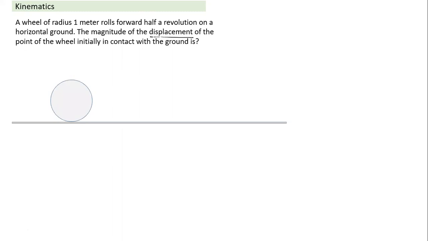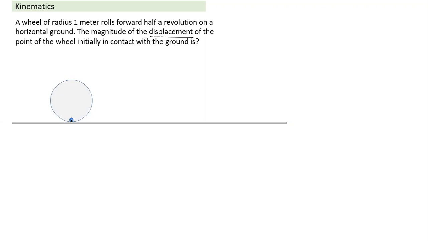If I convert it in terms of a figure, this is a wheel of radius 1 meter. It rolls forward half a revolution. What does half a revolution mean? See, if I mark this point here, it looks pretty big here, but assume this is just a point which is in contact with the surface.